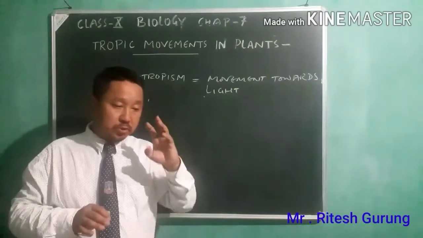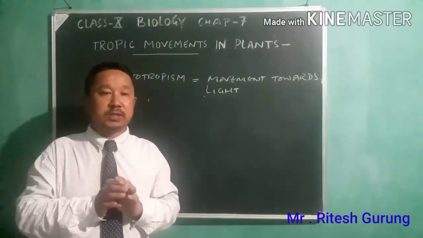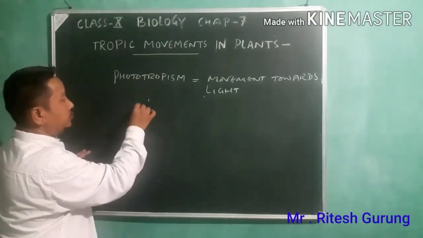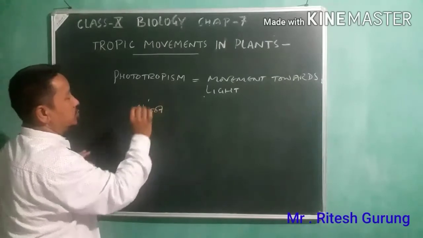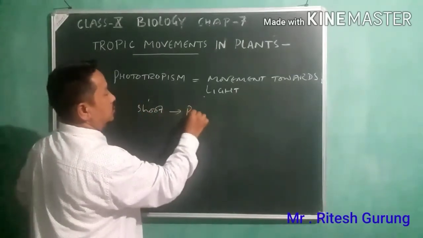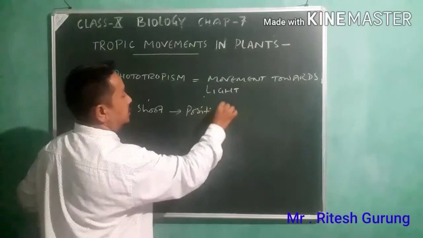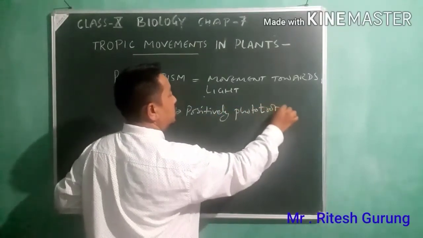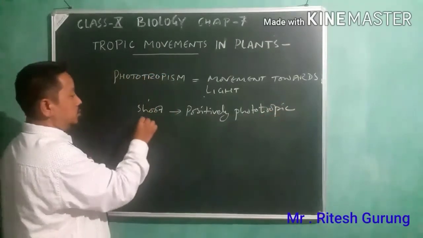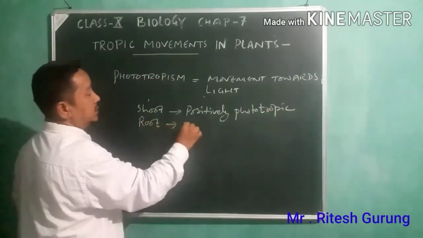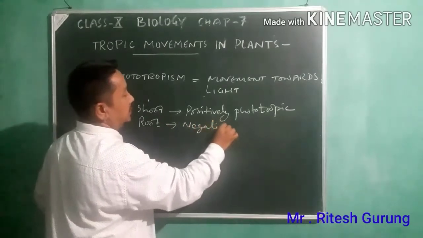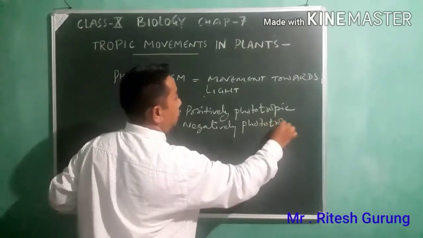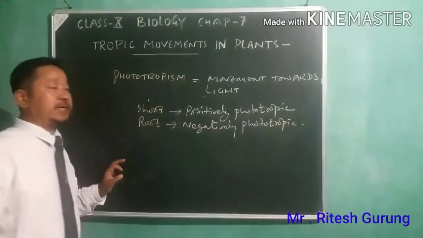So in the same plant, we see two different parts showing two different responses or movements. These two movements or responses are called like this. One is the shoot system. Shoot is positively phototropic, and root is negatively phototropic. See here, two different kinds of movements.